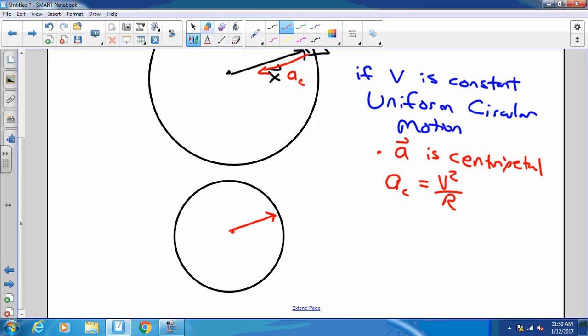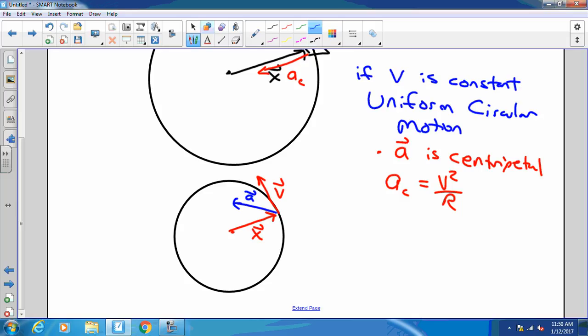If the speed is not constant, then the acceleration vector will point in a direction either forwards or backwards. If the acceleration vector points forwards, that is towards the direction of motion, then the object will be speeding up. And if the acceleration vector is pointing backwards, then the object will be slowing down.